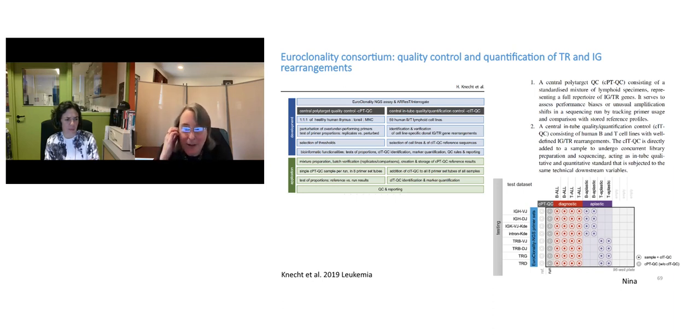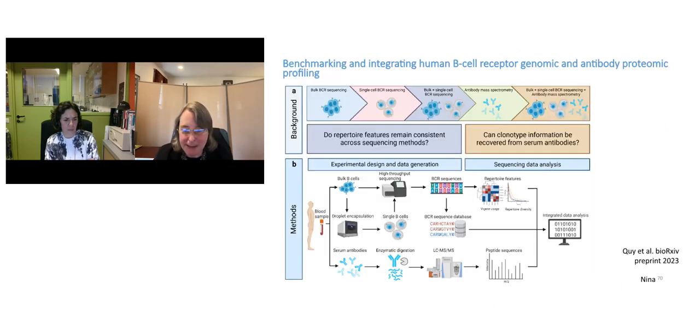And then the second type of standard they talk about is a calibrator. So that's an inline spike-in, and that can look for things like drift, bias in the sequencing, and just sort of an in-tube QC. And you can see some of the details in this paper.